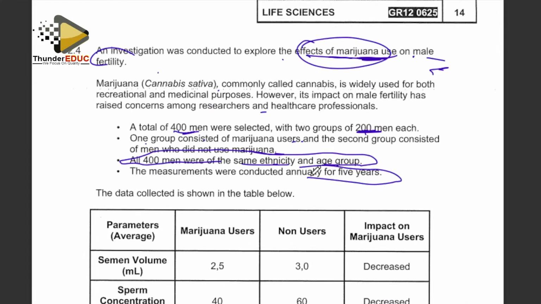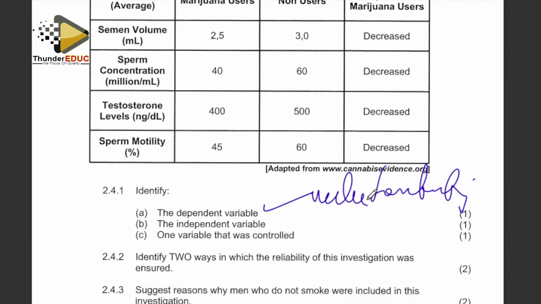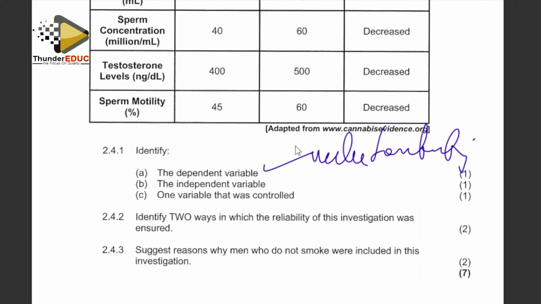Then they are saying that the independent variable is the effect of marijuana, meaning the use of marijuana. How much marijuana do you use? So the use of marijuana will be the independent variable.